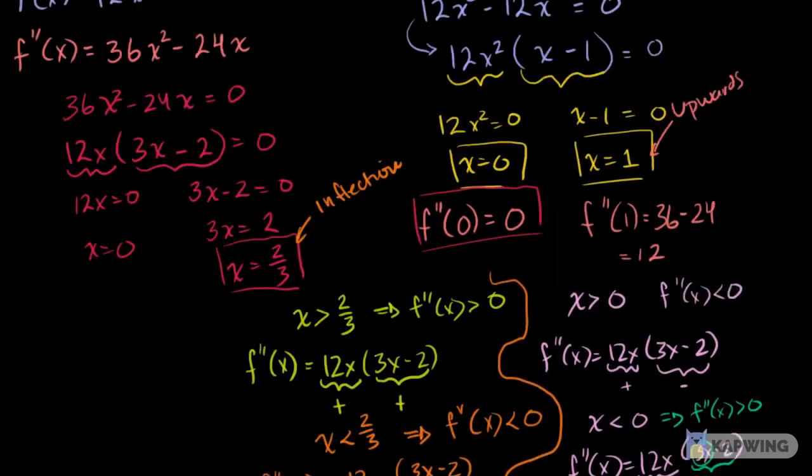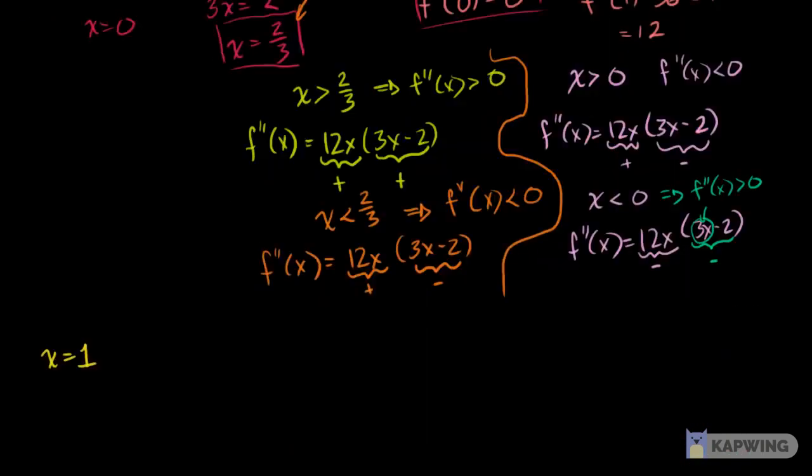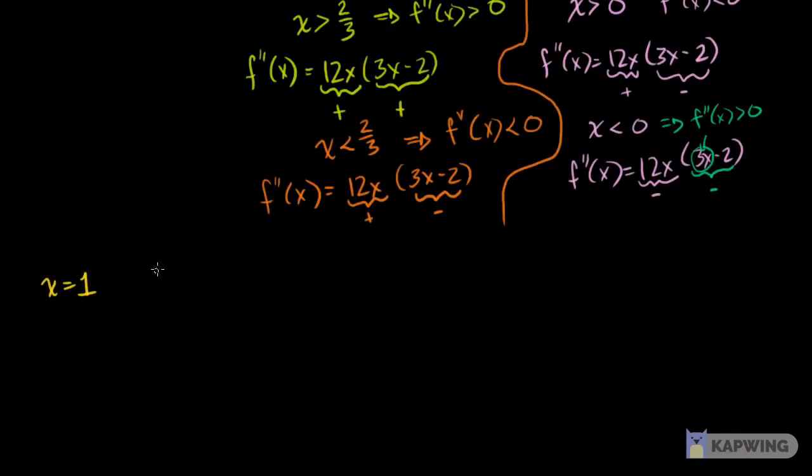We figured out that at x is equal to 1, the slope is 0, and we figured that out because the first derivative was 0. This was a critical point. And we know that the function is concave upwards at this point, and that tells us that this is going to be a minimum point.